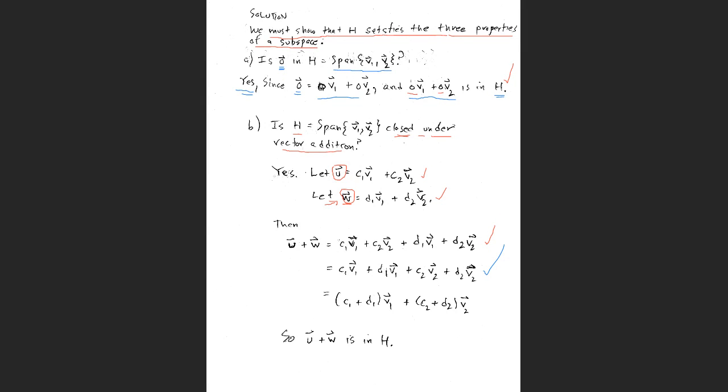But then notice I can write this sum this way: u plus w is equal to the scalar c1 plus d1 times v1, plus the scalar c2 plus d2 times v2.